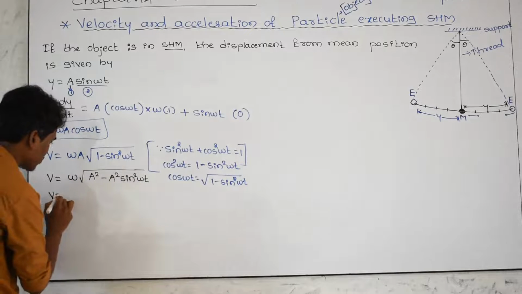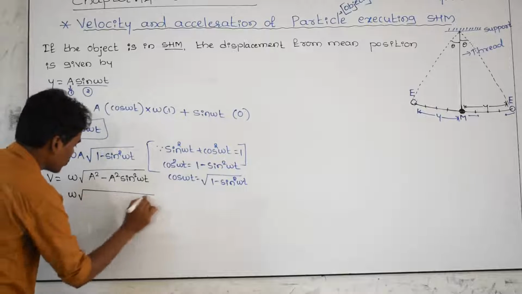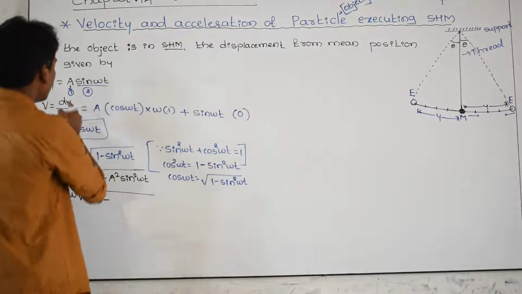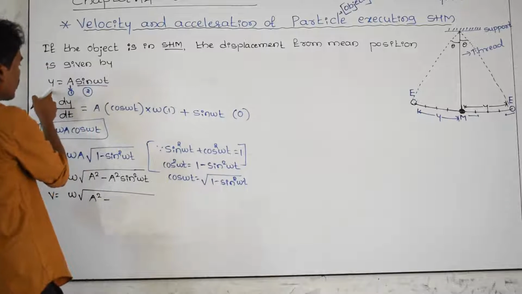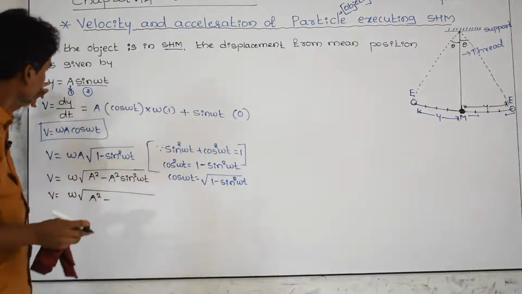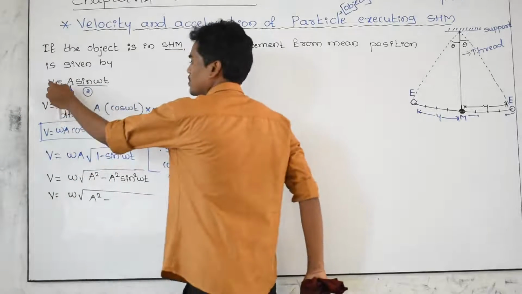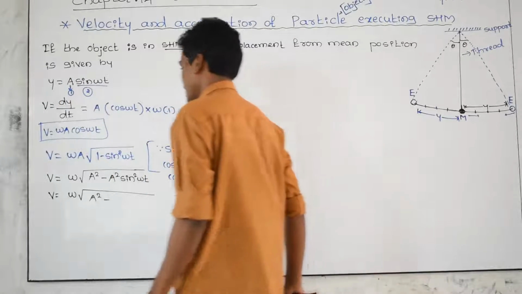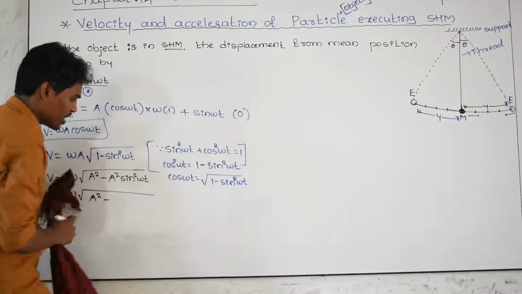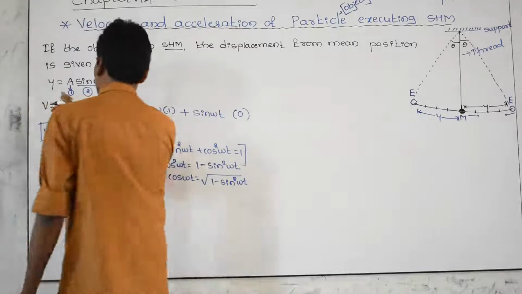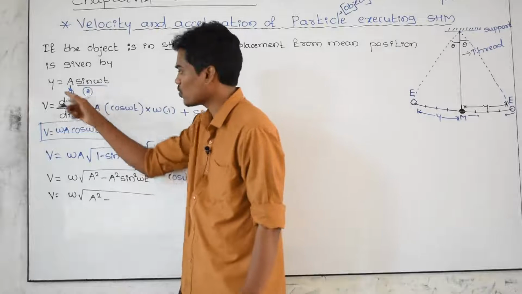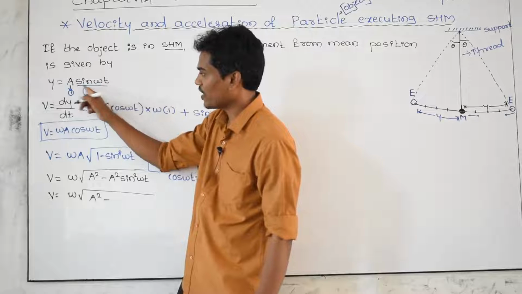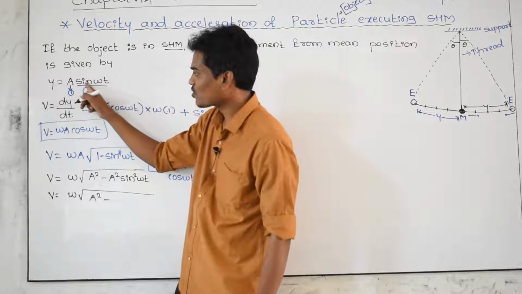Then again, V is equal to omega root of A square minus y square, as it is. You know very well that A sin omega t is equal to y. Squaring on both sides, y square is equal to A square sin square omega t.